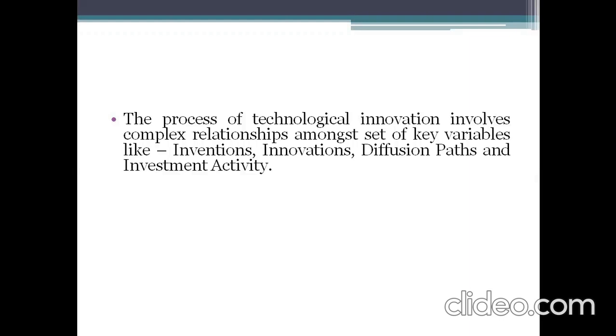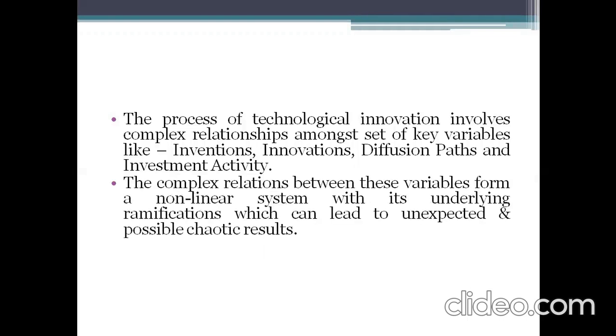Inventions are brought up by companies, and a few companies will adopt them, and those are considered innovations. Then the diffusion path and investment activities are considered in the innovation process, and the complex relations between these variables form a non-linear system with underlying ramifications which can lead to unexpected and possibly chaotic results.